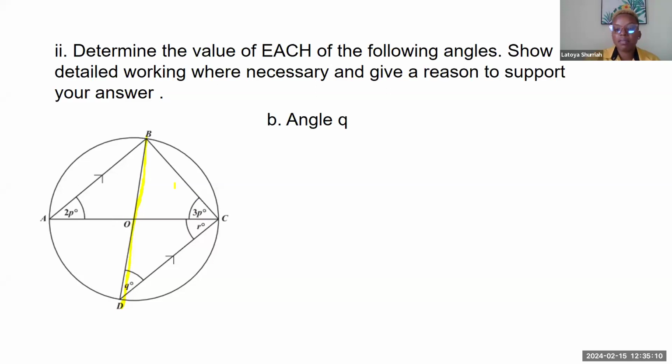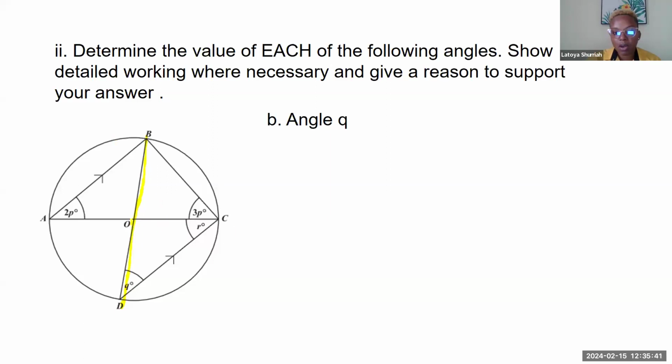But if you're going to tell me that the angle at Q is 90 degrees and your reason is because it is subtended by the diameter, then Q has nothing to do with AC. It comes from C, but not AC. So BOD is indeed a diameter, as well as AOC.